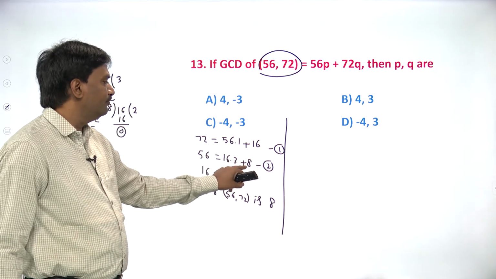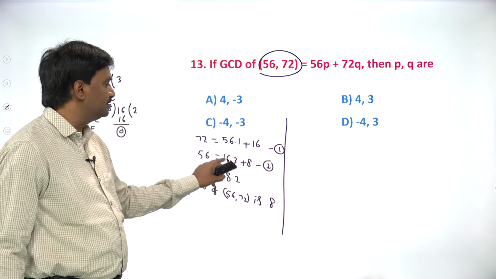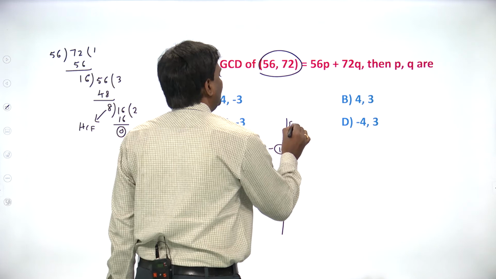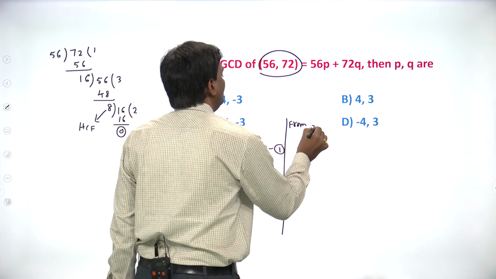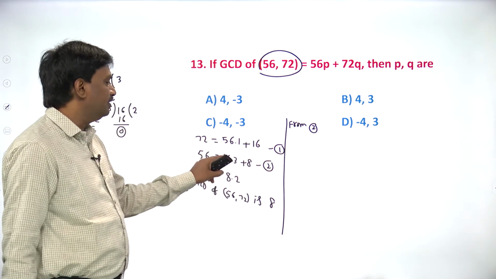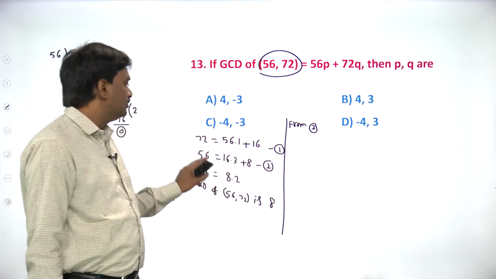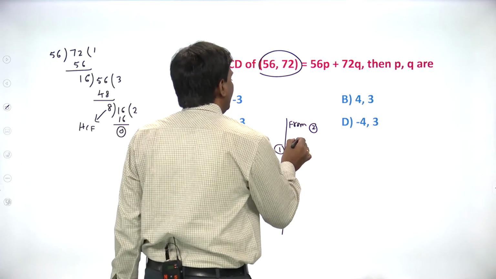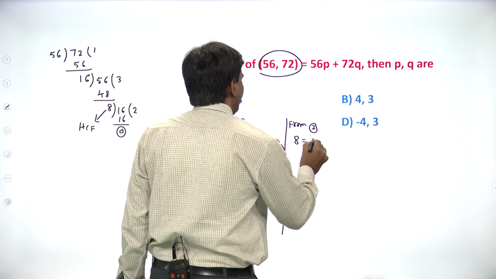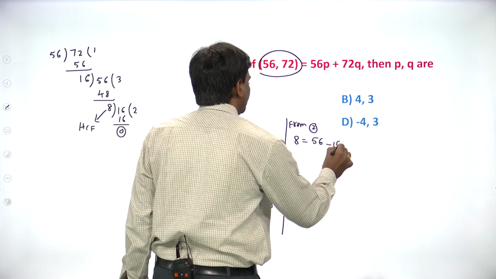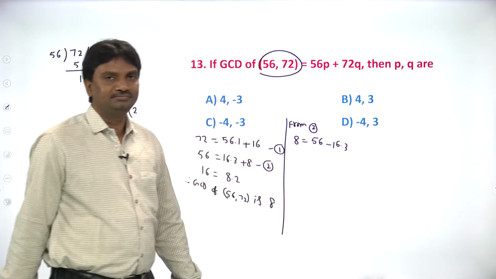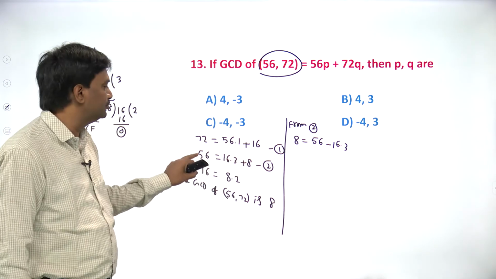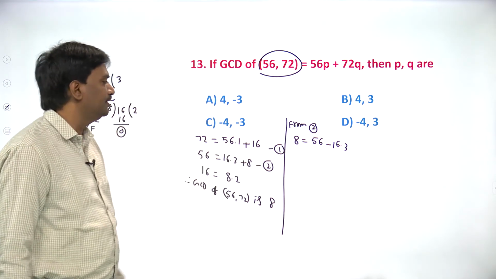From equation 2, we can write 8 equal to, taking 16 into 3 to this side, 56 minus 16 into 3.